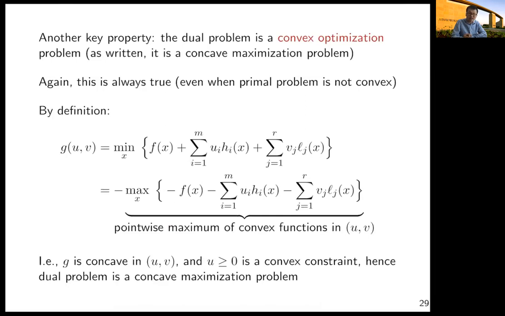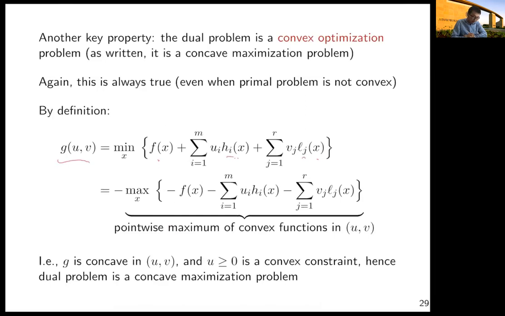So to see this, let's inspect the construction of this Lagrange dual function again. This is g of u, v, and then we are minimizing f of x along with a bunch of other things, but none of these needs to be convex.